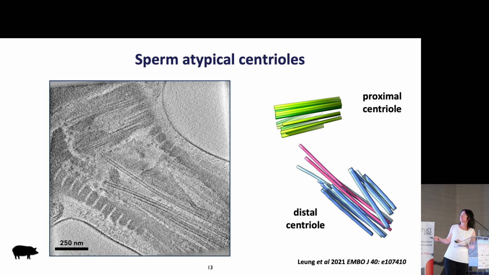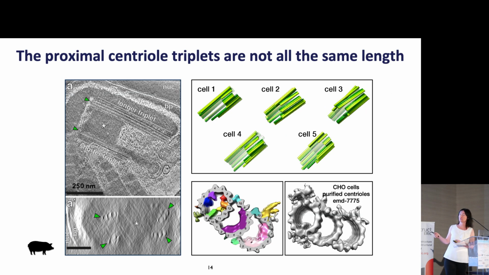And we analyzed it a bit further, and we actually looked at it in different cells. So it is representative: in the different cells, we saw it's always the case that the proximal centriole has triplets that are not the same length, and we did some subtomogram averaging so that you can see these triplets here.